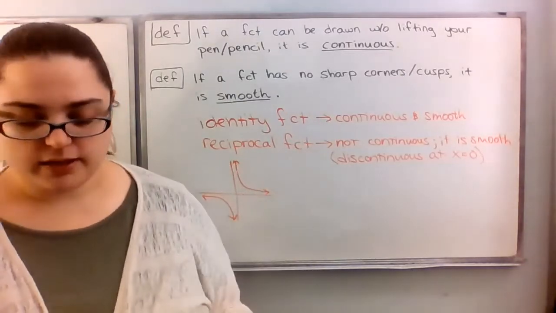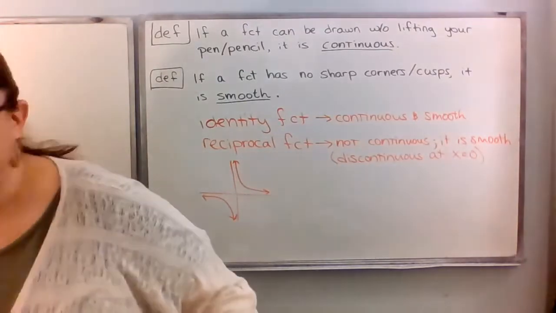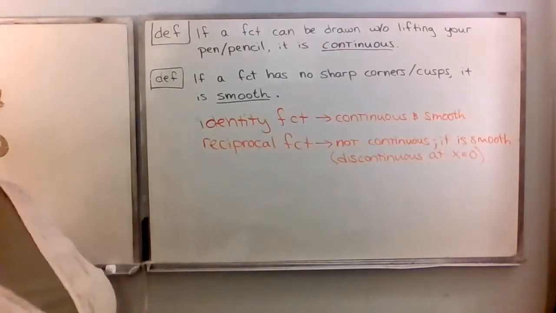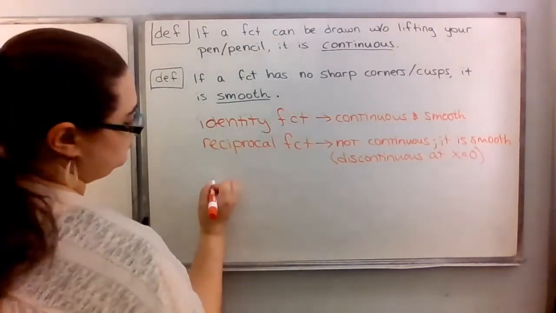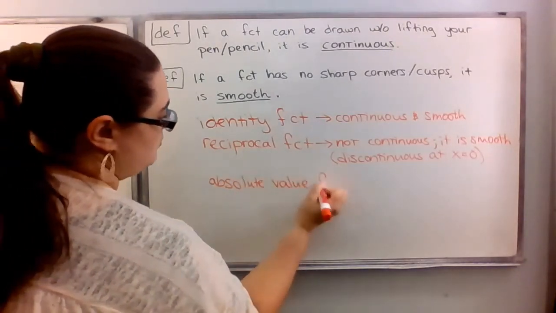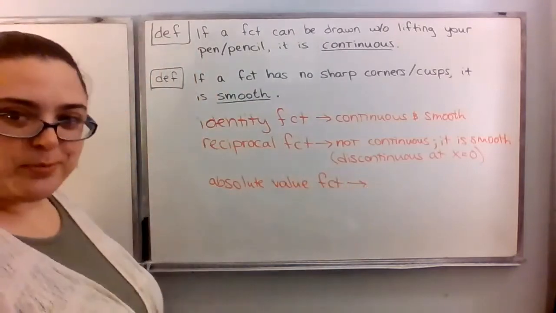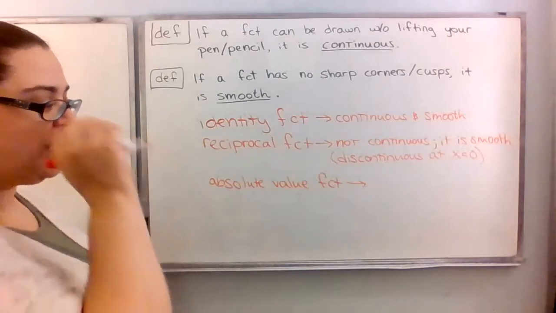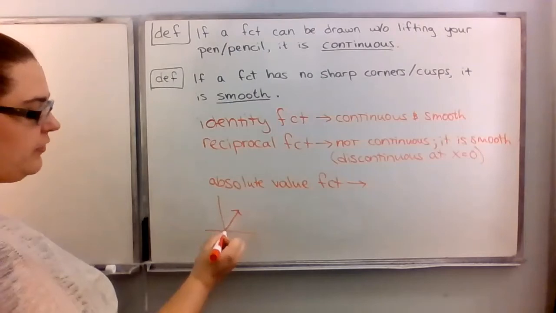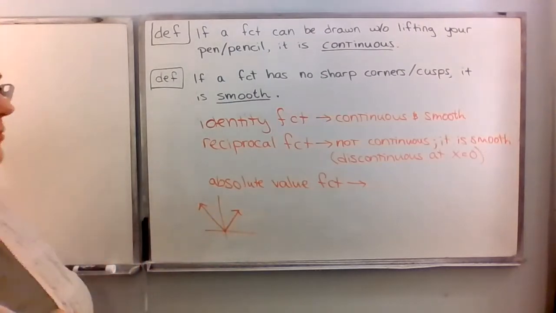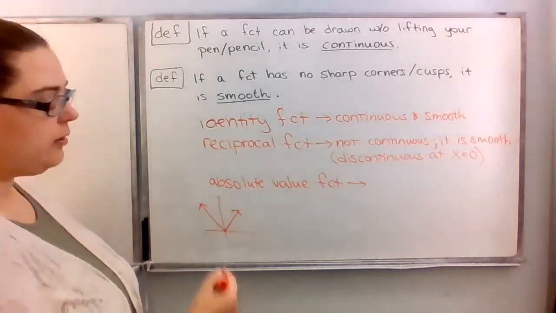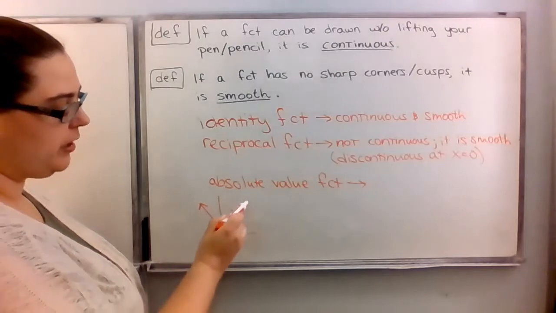So let's look at something else. Let's look at the absolute value function. Do you remember what the absolute value function looked like? So that's the one that's only in the positive y space, and it looks like a v. So our absolute value function is a continuous function because I can draw it without ever having to pick up my marker.